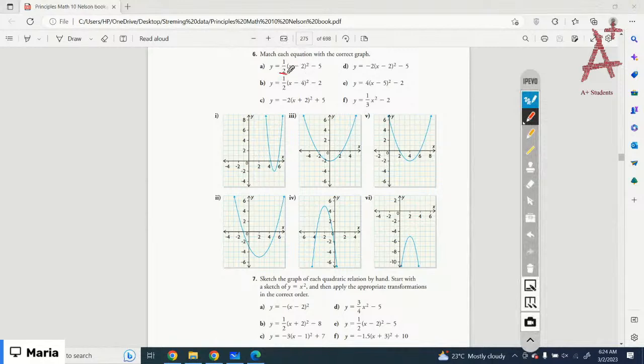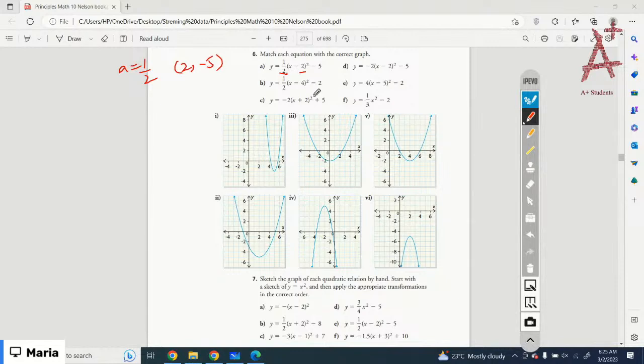For this equation, a equals 1 over 2, h is 2 and k is negative 5. The vertex is 2 and negative 5, and a equals 1 over 2. Got it? So just look at the graph, which is the option.